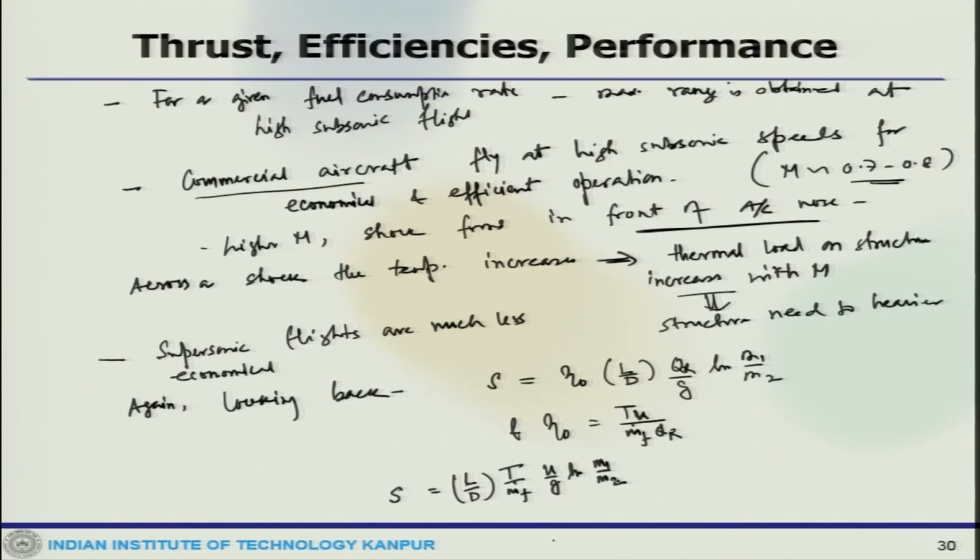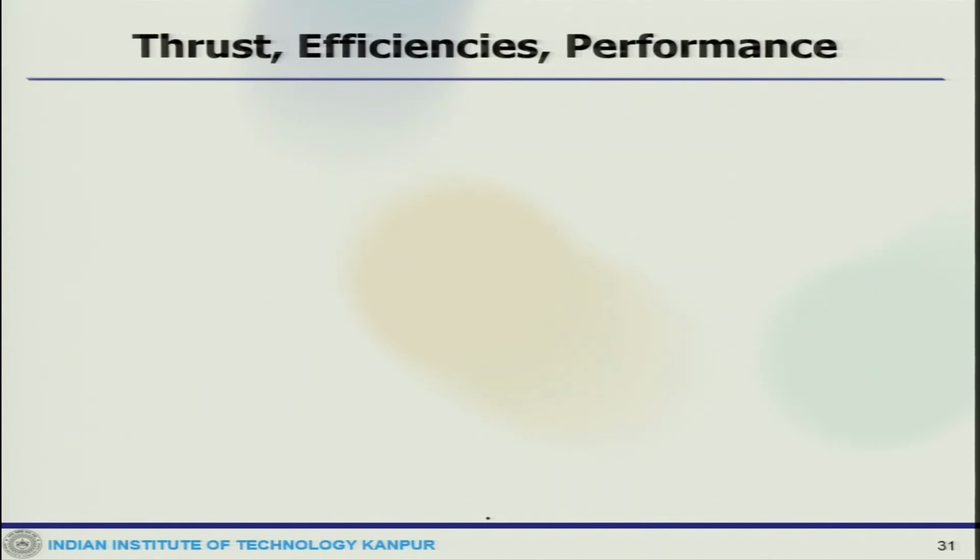Which tells that T by m dot is an important parameter. Okay.